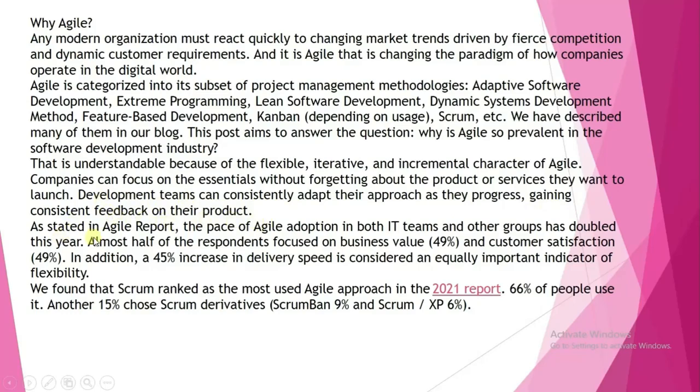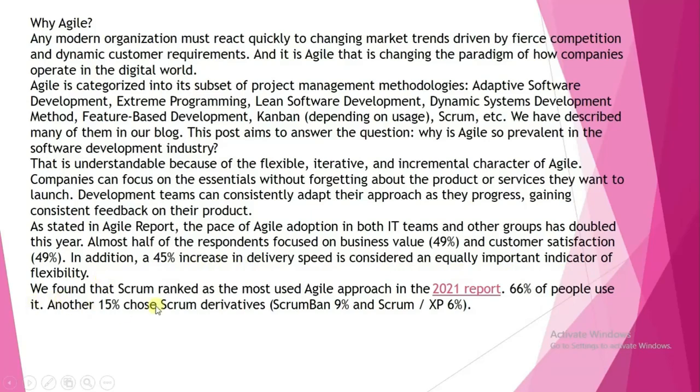As stated in the Agile report, the pace of Agile adoption in both IT teams and other groups has doubled this year. Almost half of the respondents focused on business value, 49%, and customer satisfaction is 49%. In addition, a 45% increase in delivery speed is considered an equally important indicator of flexibility.